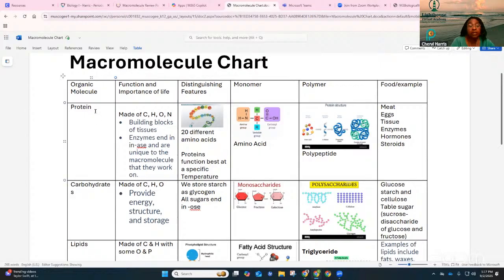A protease is a protein enzyme, or galactase, glutase, those are enzymes that work on those particular carbohydrates. So all enzymes are proteins and they all end in ASE, and they are named after whatever it is they're working on. Okay. So in other words, a protease does not work on lipids. They are unique to whatever it is they're working on.